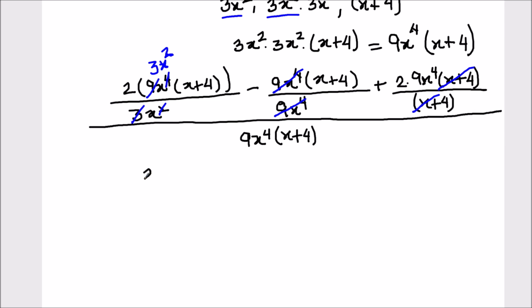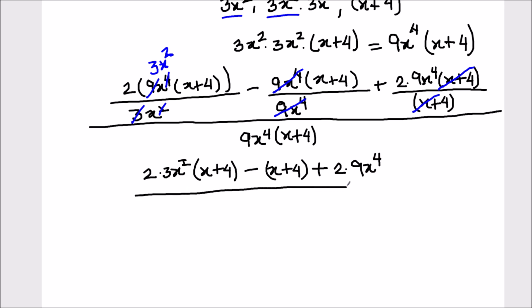So we have 2 times 3x square times x plus 4 minus x plus 4 plus 2 times 9x to the power 4 in the numerator, and denominator is 9x to the power 4 times x plus 4.